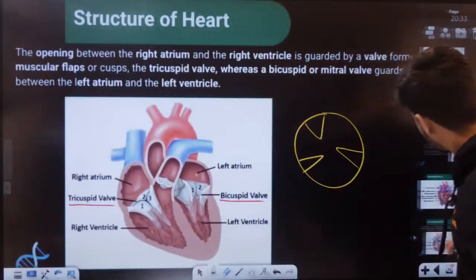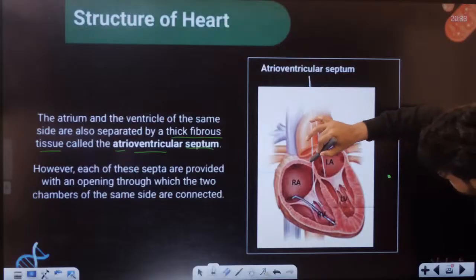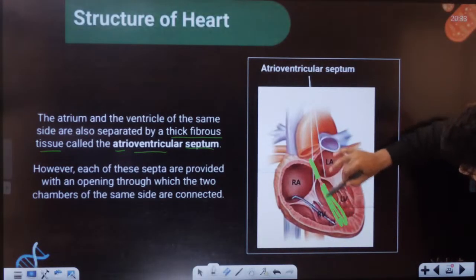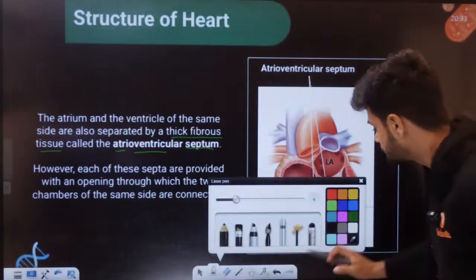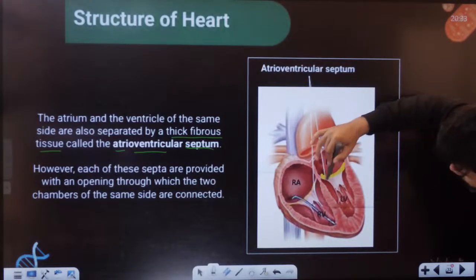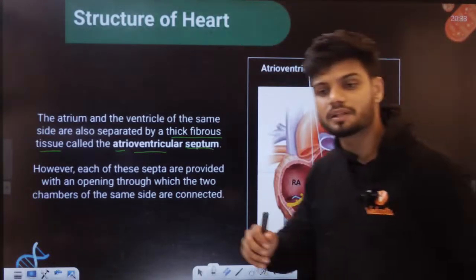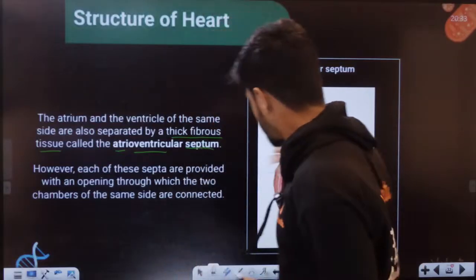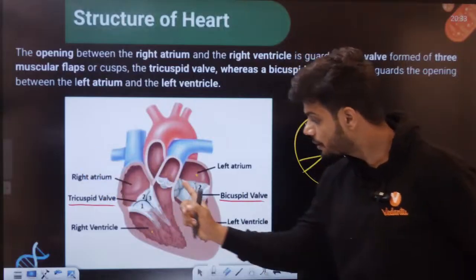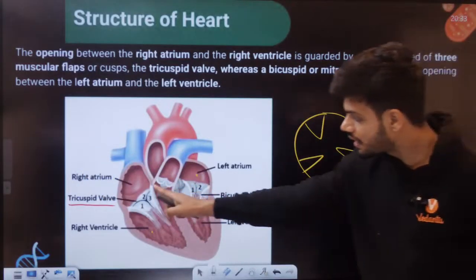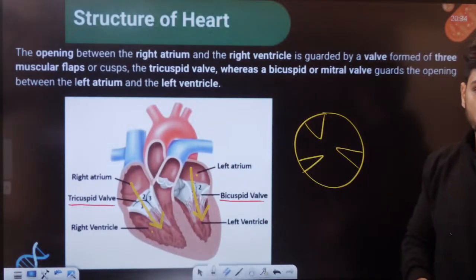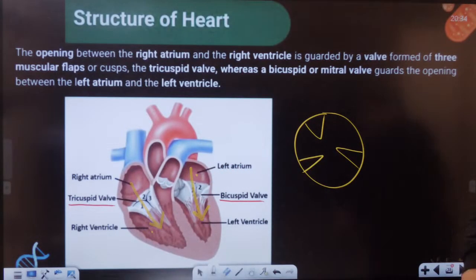In the middle there are four septa: one between the two atria, one between the two ventricles, and one here and here. But these two septa have openings. What are the openings? The tricuspid valve on the right side and the bicuspid valve on the left side. These are the openings by which blood can flow inside. So blood can easily flow there.